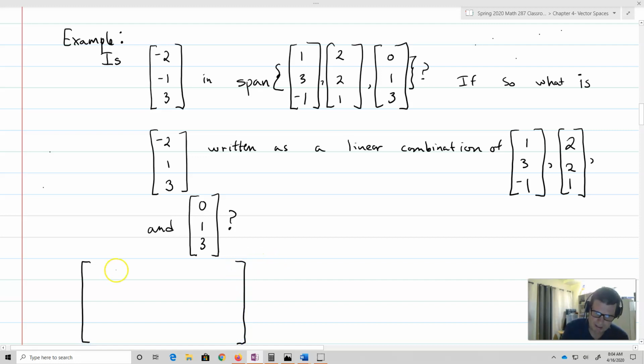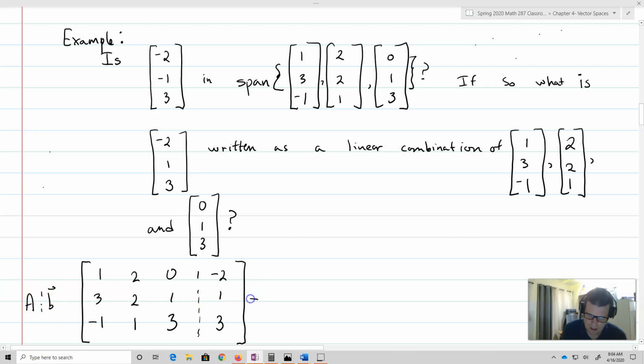It's going to be 1, 3, -1, 2, 2, 1, 0, 1, 3, and then it's augmented with -2, 1, 3. We'll call this A augment B.